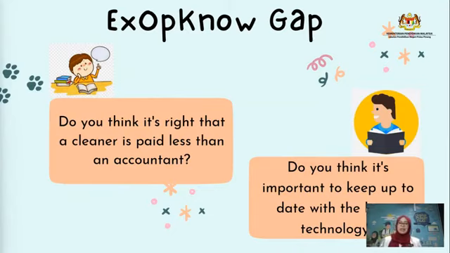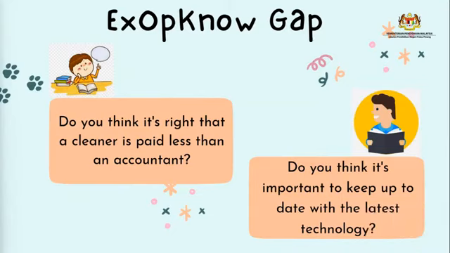Another question you can ask is, do you think it's important to keep up to date with the latest technology? Maybe that student knows about technology, social media and gadgets. By practicing this question with your students, you might fill the gap between them both. This is what I meant by the activities that we can carry out with our students.